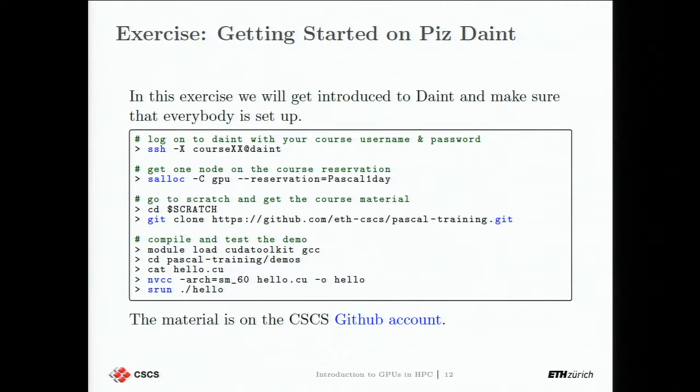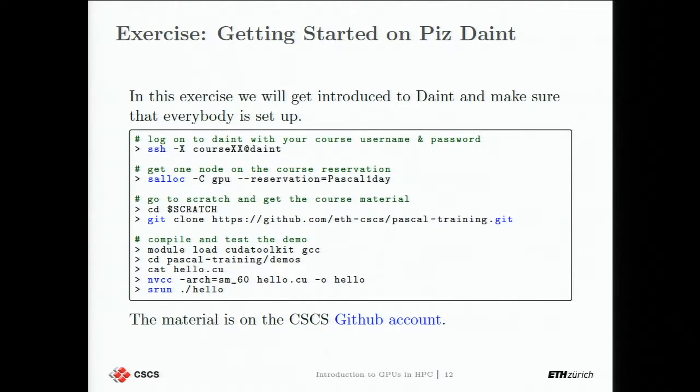So the next step will be to get one node on the course reservation. When you run the salloc command, we pass -c GPU, which is saying I want an allocation on the GPU part of the system, because we've got two parts: the multi-core and the GPU part. And then you need to give reservations.